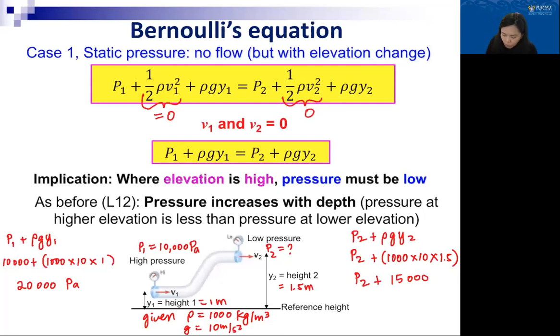So this equation says P1 plus rho g y1 should be equal to P2 plus rho g y2. P1 plus rho g y1 we solved to be 20,000. So 20,000 should be equal to P2 plus 15,000. What will be the new pressure when the elevation is 1.5 meters?